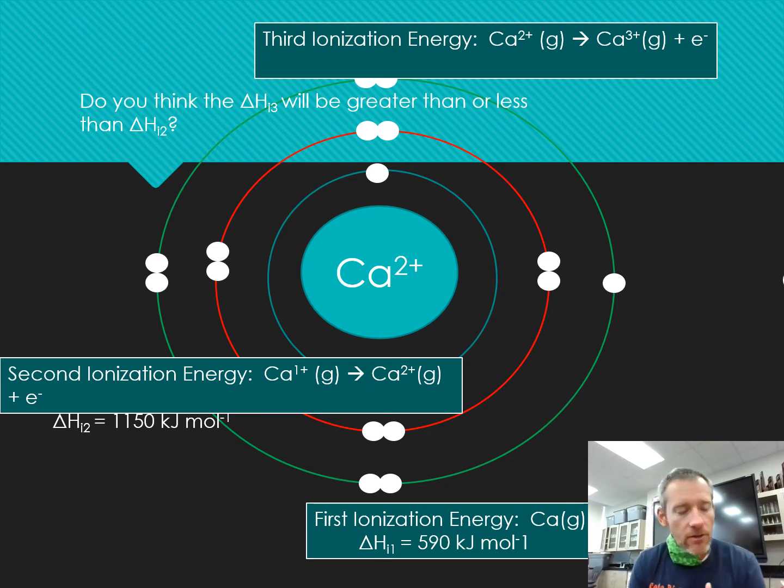If you said greater, you're correct, because again, you still have those 20 protons of calcium holding on to even fewer electrons, so it's going to require even more. And that requirement is huge compared to the second ionization energy. So you went from 1100 to almost 5,000 kilojoules.